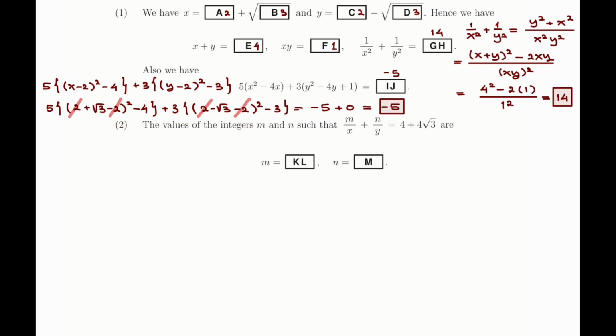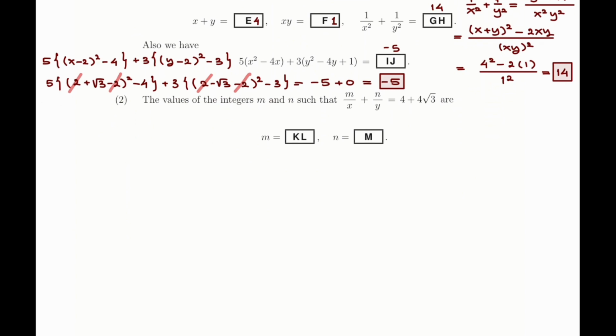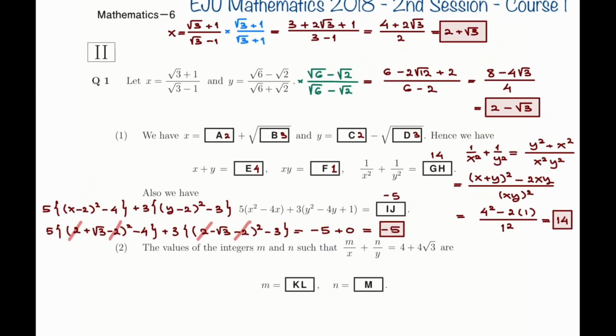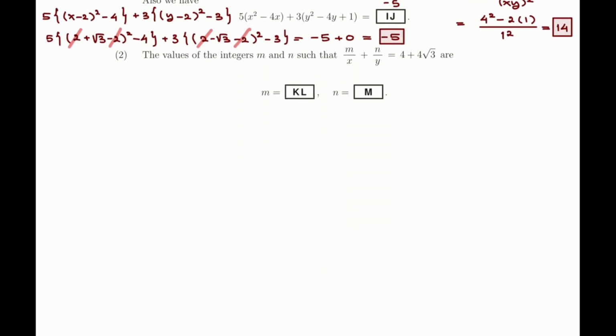And then the last question is: find the values of integers m and n such that m over x plus n over y is equal to 4 plus 4 square root of 3. For m over x, we already know that x is equal to 2 plus square root of 3. So m over 2 plus square root of 3 plus n over y, which is 2 minus square root of 3, is equal to 4 plus 4 square root of 3.